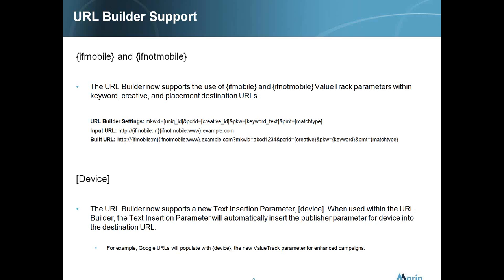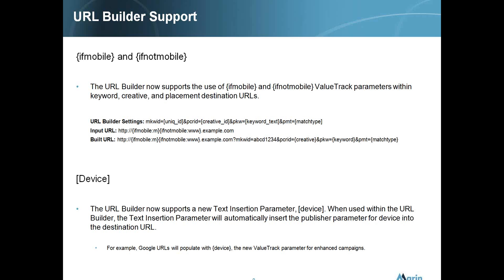So the first parameter that URL Builder will now be able to support is the if mobile, if not mobile value track parameters for keywords, creatives, and placement destination URLs. Depending on where the click came from, this parameter allows Google to serve either your mobile page or your desktop or non-mobile page.